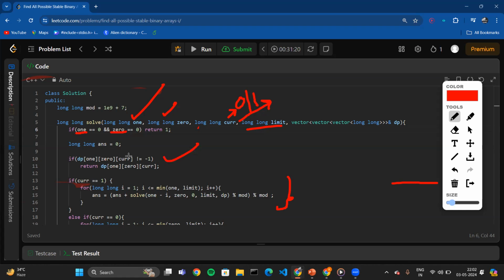Yes. And current indicates the current index, whichever I am.